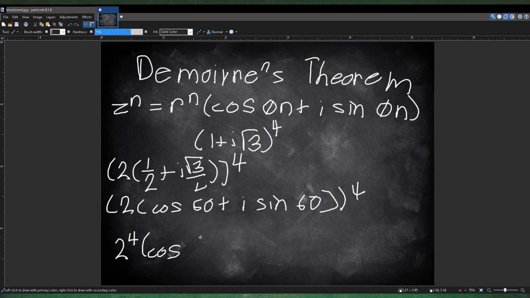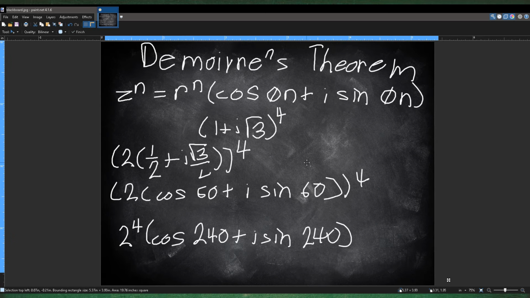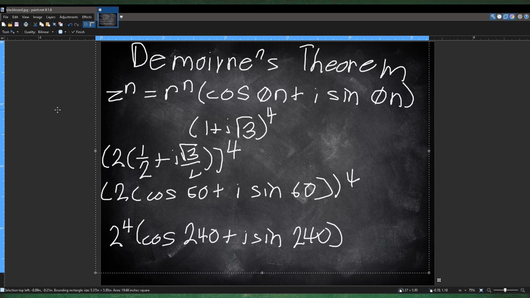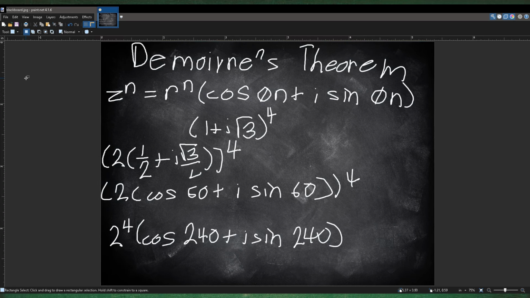So 60 times 4 is 240, plus i sine of 240. This simplifies to 16 times cosine of 240.